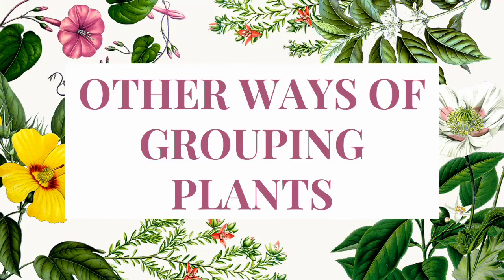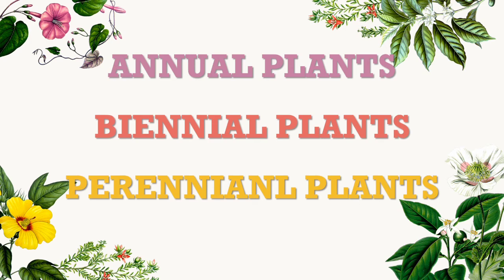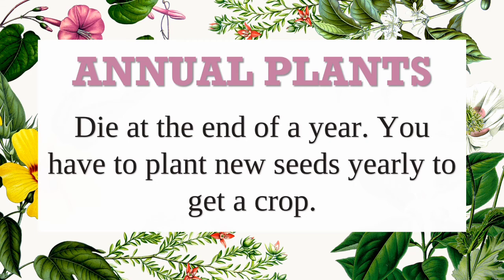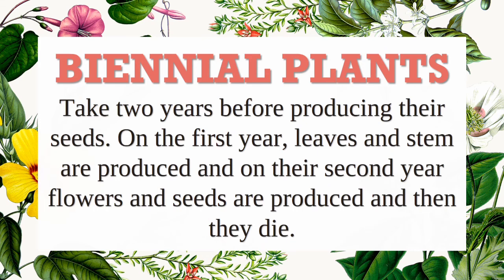Other ways of grouping plants. This is according to lifespan. We have three: the annual plants, the biennial plants, and the perennial plants. Annual plants die at the end of a year. You have to plant new seeds yearly to get a crop. While the biennial plants take two years before producing their seeds.